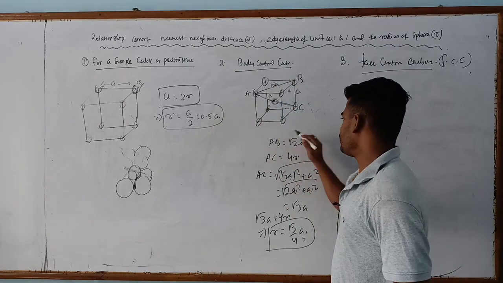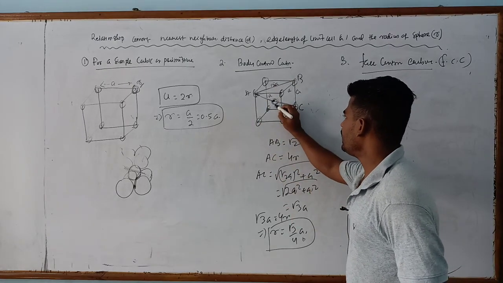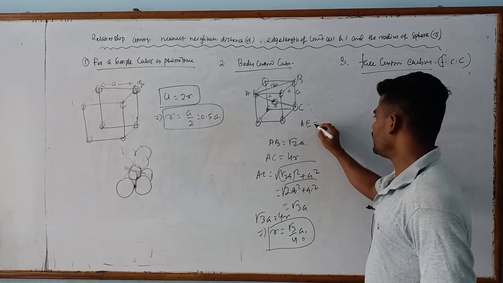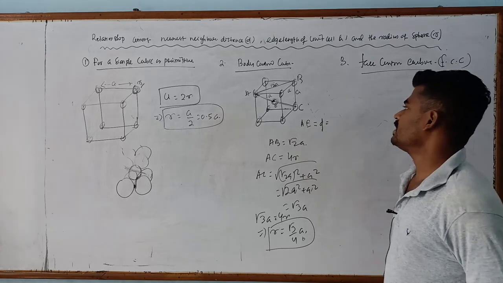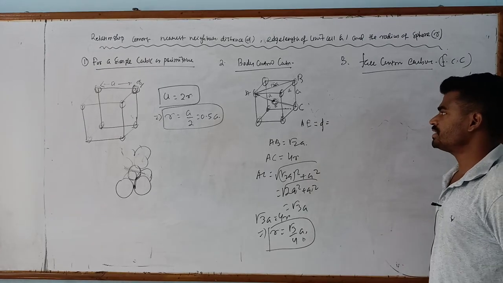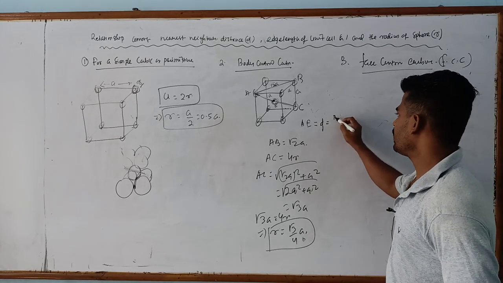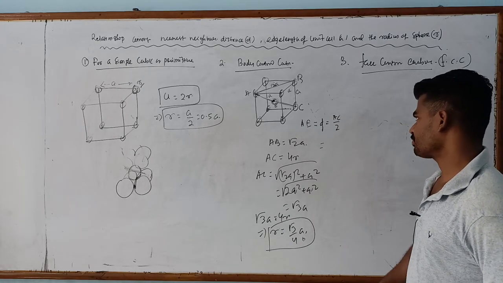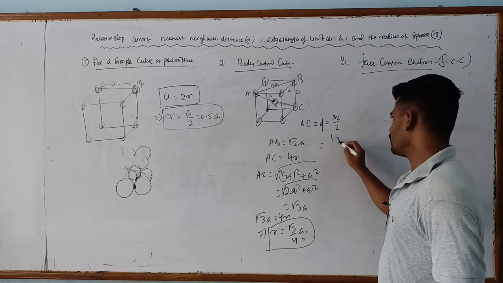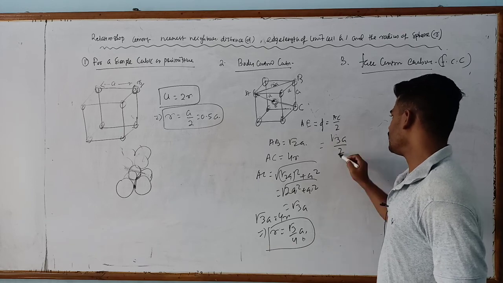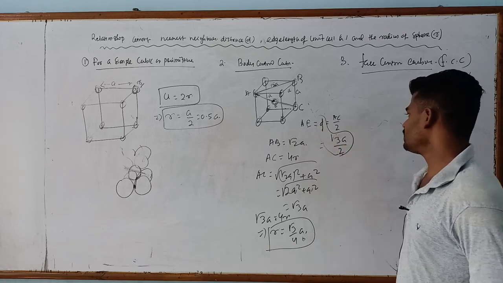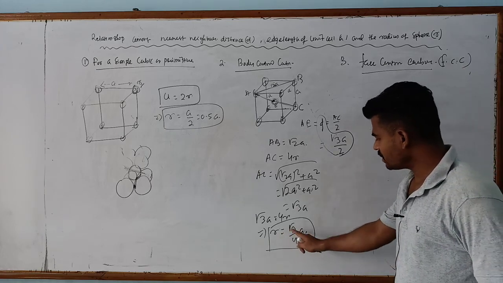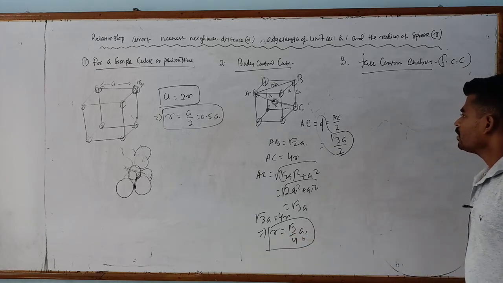The nearest neighbor distance, say AE, suppose the central position is E, is D, equal to SC by 2, and SC is root 3A, so D is root 3A by 2. This is the relationship between the nearest neighbor distance and edge length. Again R is equal to root 3 by 4 into A.